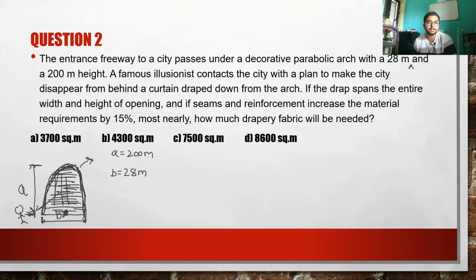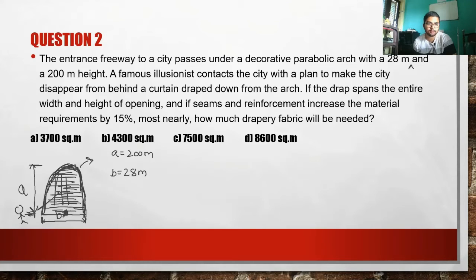Now he is asking in the question, if the drape spans the entire width and height, that means from this part to this part, the total height and this total width, everything is covered with the curtain, and it has seams and reinforcements, because this arch is made of some seams and reinforcements, so when we are draping the curtain to that, we have to use some additional material.